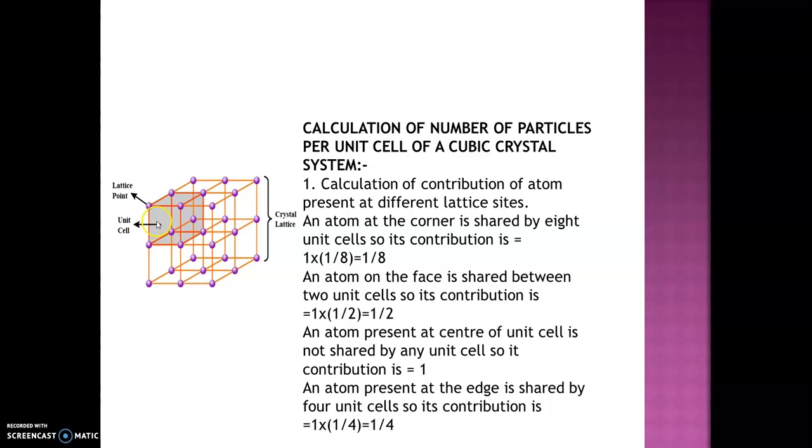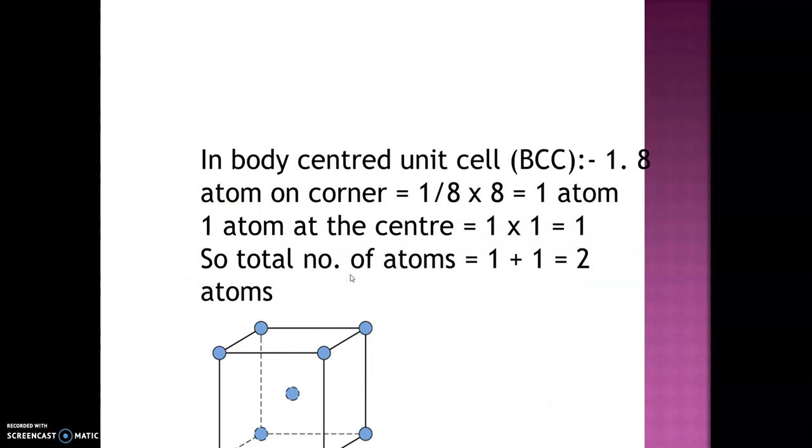For a cube, there are 8 lattice points, so all these 8 lattice points will attach with other unit cells. So this atom at the corner is shared by 8 unit cells, so its contribution is 1 into 1 by 8.